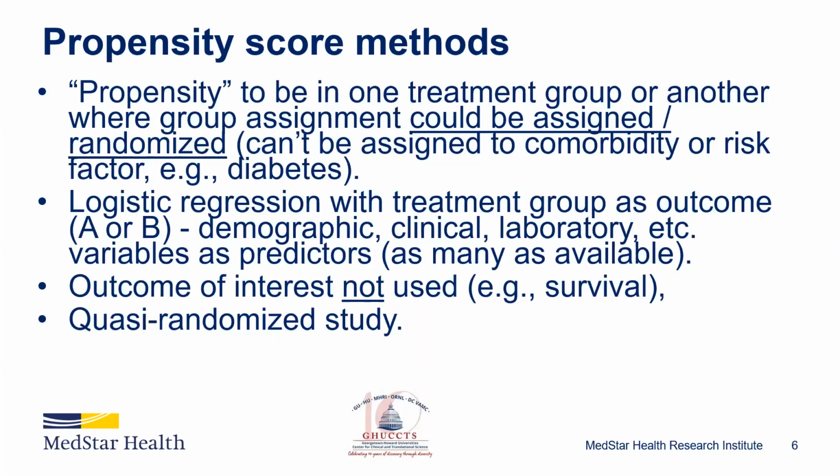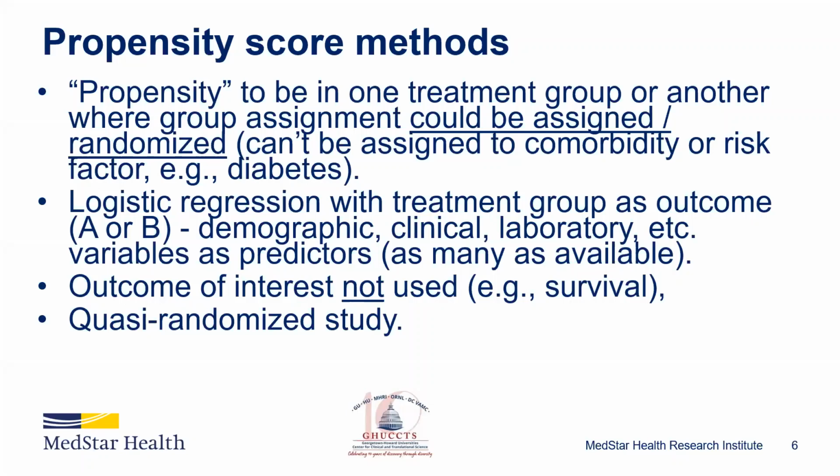And so the way that you calculate the propensity score is with logistic regression, which we've talked about earlier, with the treatment group as the outcome. I'll just use A or B here as an example. So you have as your outcome A or B, yes or no, 1 or 0. And then the predictor variables are all the demographic, clinical, laboratory variables that you have in your data set.